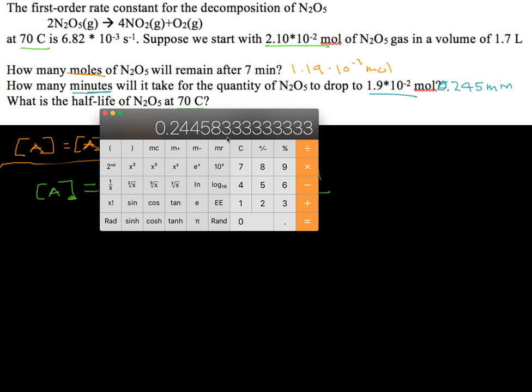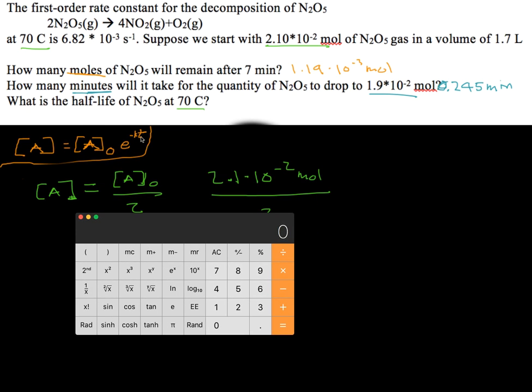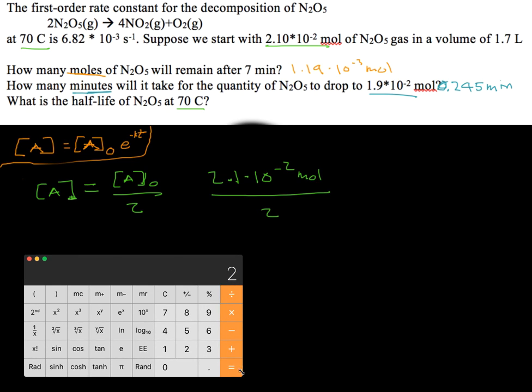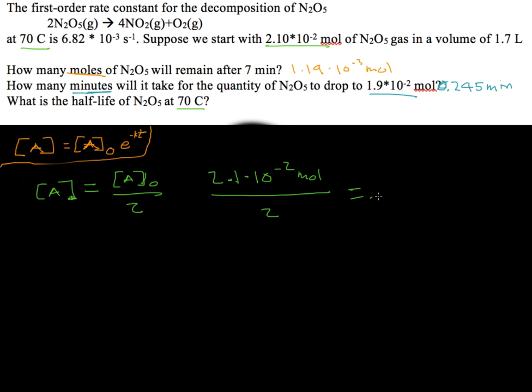So 2.1, let me bring up the calculator again. 2.1 times 10 to the negative 2 is the same as 0.021. 0.021 divided by 2 is 0.0105 moles, and this is our final concentration.